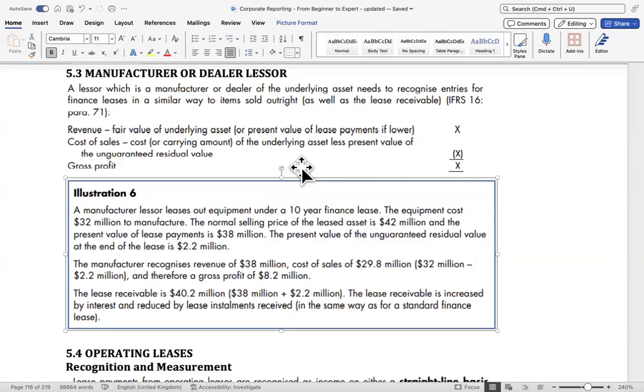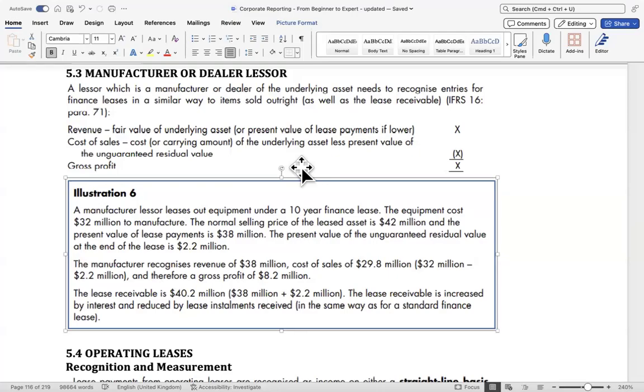Okay, I think that's a good question. We are already spreading it through the net investment in the lease. Ultimately, we will do that. However, this is a finance lease, and the substance of a finance lease is that he has sold the assets. Looking at the indicators, for that reason, we believe that he also needs to recognize the gross profits at the date of that transaction, at the commencement date, because this is as good as he has sold the asset.